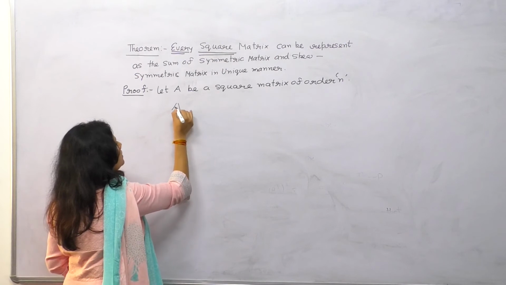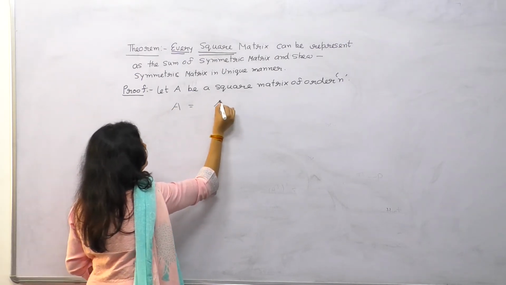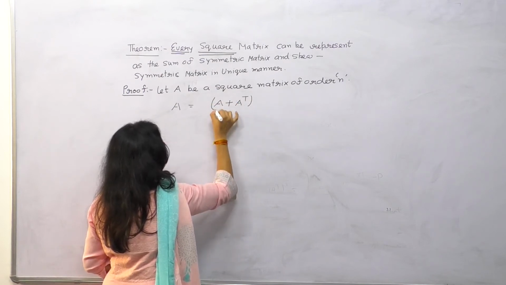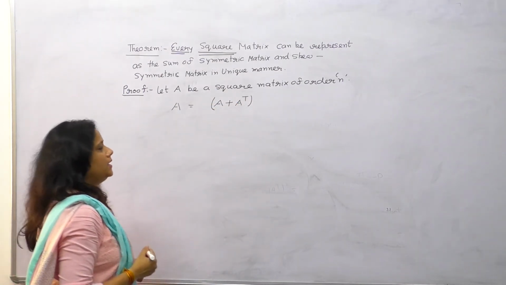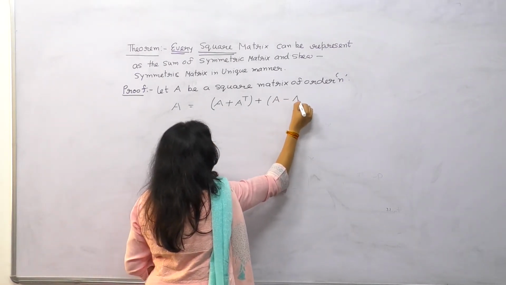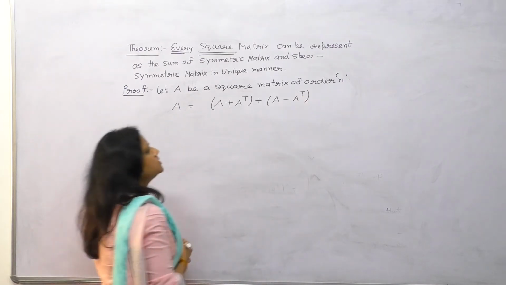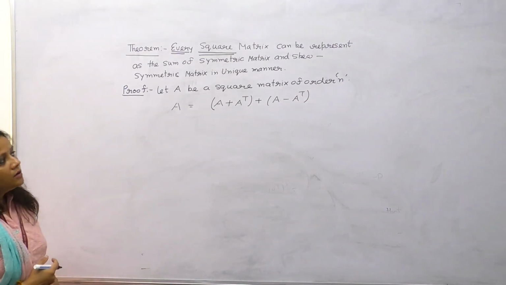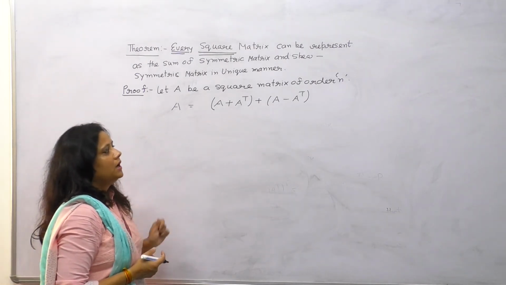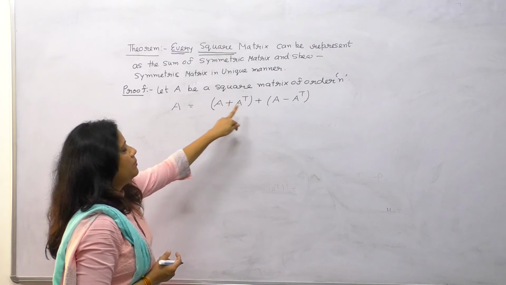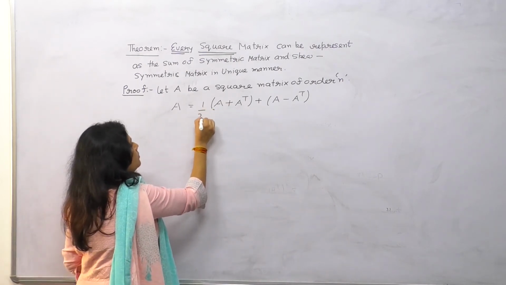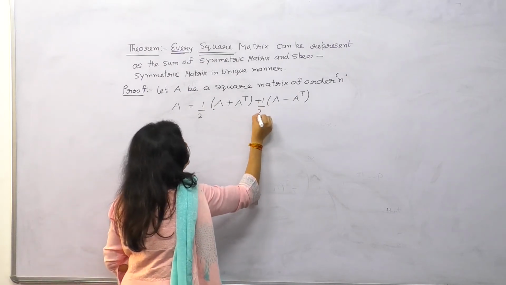So here we add A transpose, and so we have to subtract A transpose. If we balance this, A transpose and minus A transpose cancel out. A plus A is 2A. So we put here 1 upon 2 and 1 upon 2.